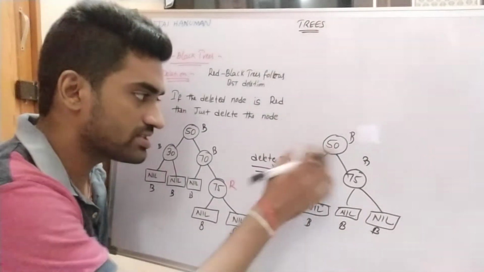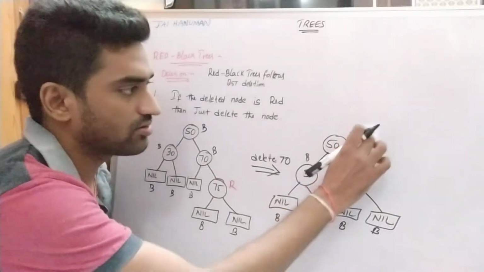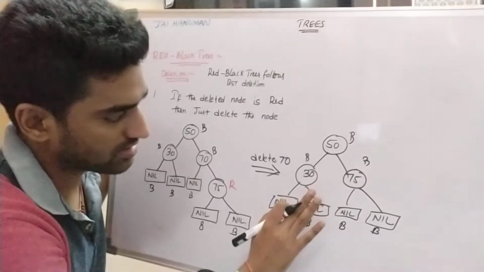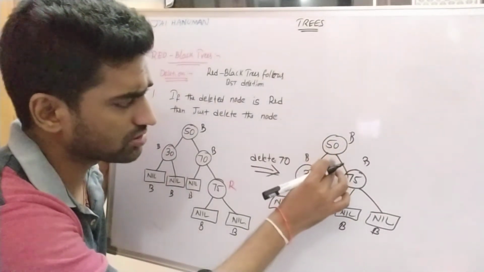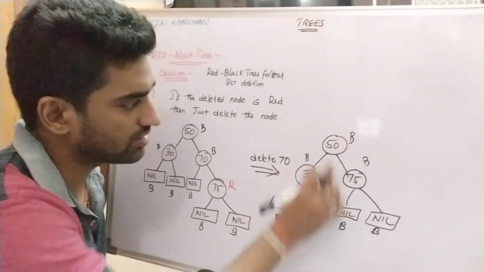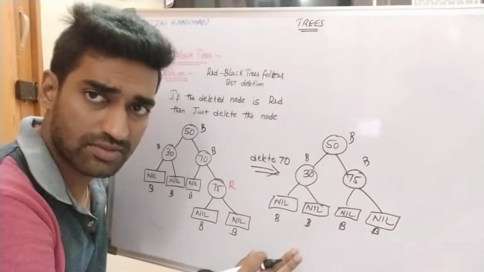Now does the newly generated tree satisfy all the red black tree properties or not? The root is black, so that property is satisfied. There are no two adjacent red nodes, so that property is also satisfied. Every path from the root node to a null node has an equal number of black nodes: 1, 2, 3, 1, 2, 3, 1, 2, 3, 1, 2, 3. So that's why the newly generated tree is a red black tree, right?